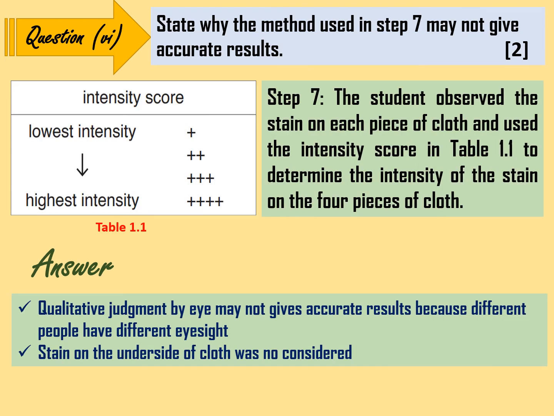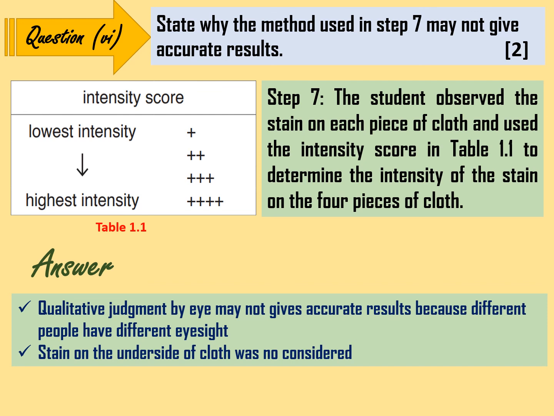For the last question we are heading toward another. State why the method used in step number 7 may not give accurate results. In step number 7, the student observed the stain on each piece of cloth and used the intensity score in table 1.1 to determine the intensity of the stain on the 4 pieces of cloth.